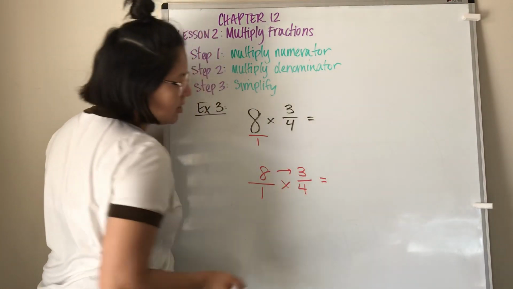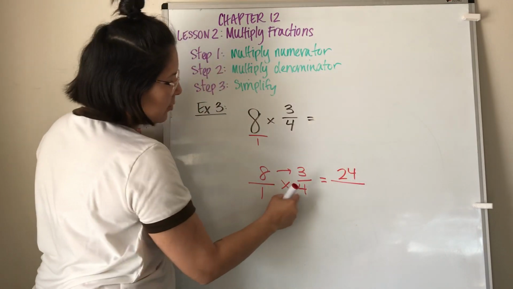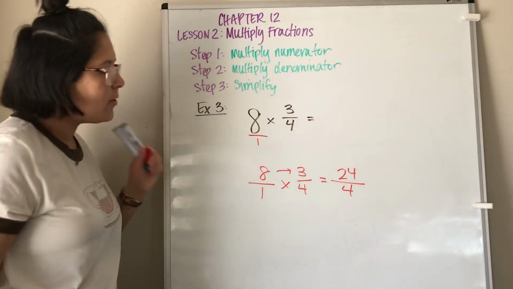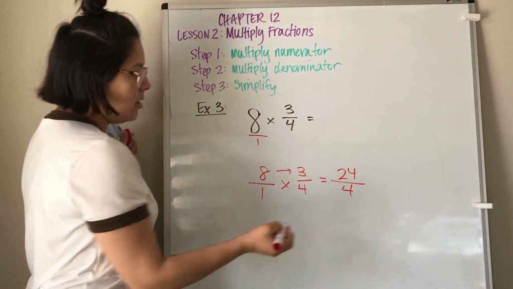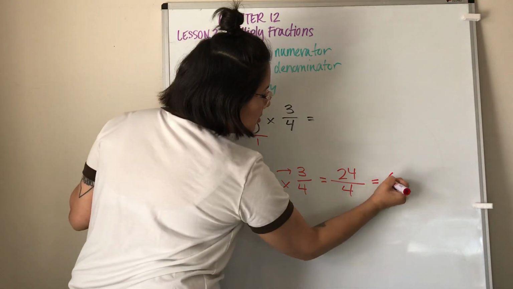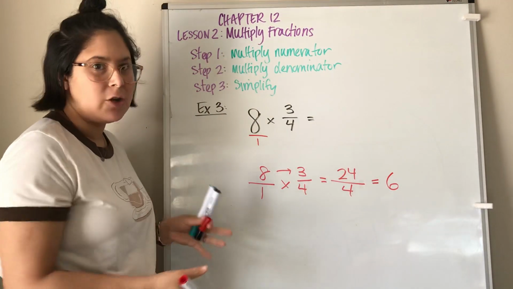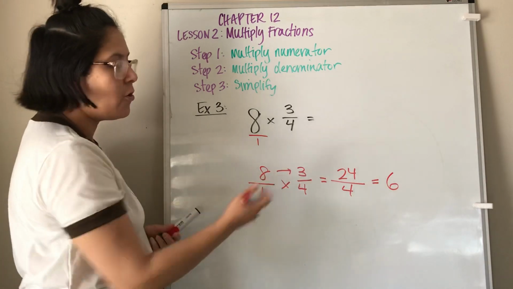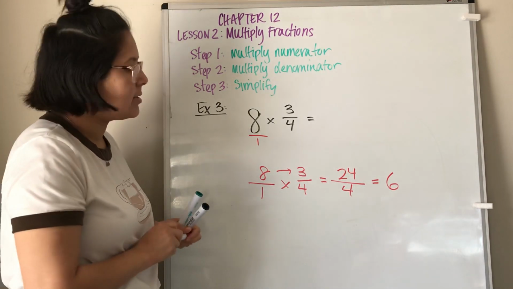So all I'm doing is multiplying across. Is 24. 1 times 4 is 4. 24 over 4, if I were to divide that, what am I going to get? I'm going to get 6. 6 and what? Any remainder? No, there's no remainder, so there's no fraction left over. The answer is just 6 as a whole number, 6.